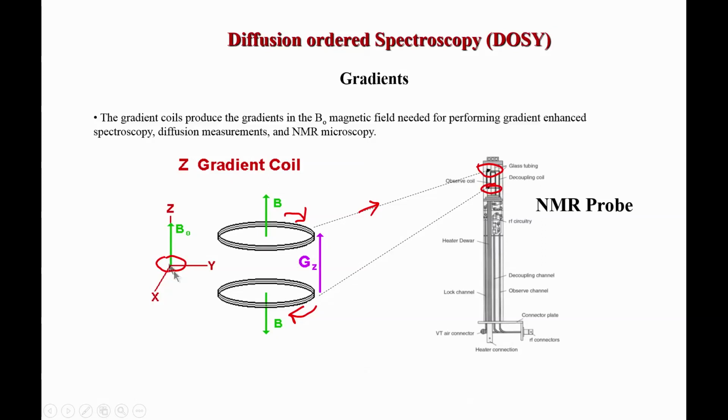Whenever a current flows in a coil like this, it generates a magnetic field along the z axis. Okay. This is very similar to what we do with the main magnetic field. The main magnetic field also consists of superconducting coils which carry current, and that generates the main magnetic field. The gradients also generate a magnetic field, but it is very small, typically of the order of Gauss.